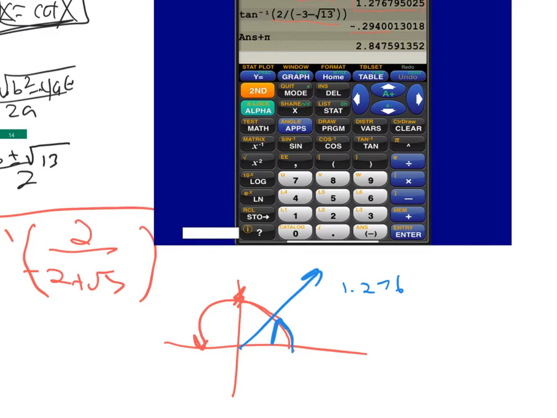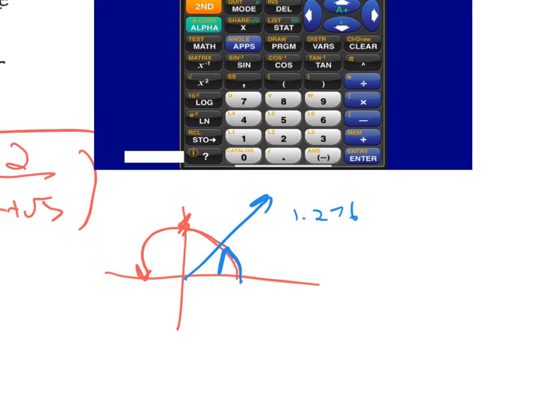The other answer is below. So I'm going to put it in a yellow that you can't really see. It's down here. It went this way. And since it's negative, negative 0.29. Did it again. Did I lose everything?